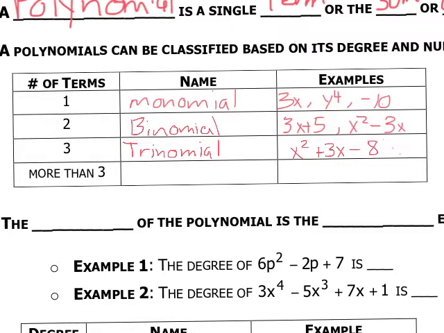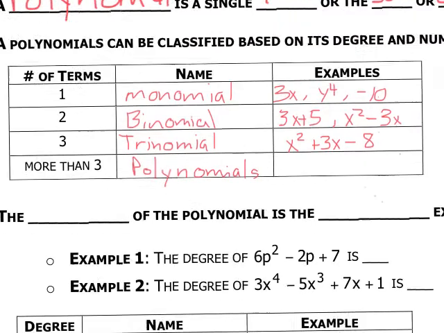Okay, that would be a trinomial because I count one term, two terms, three terms. Remember, they're broken up by the plus or the minus sign. And anything that has more than three terms, we just lump those all together and call them polynomials, with poly meaning many. Okay, so that's one way to name it.